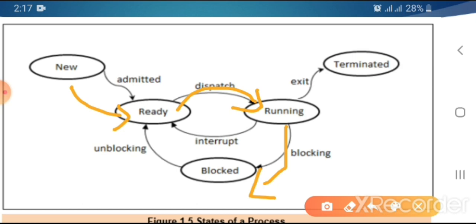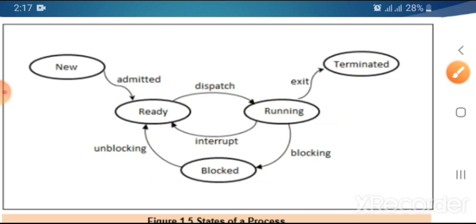The blocked state is also known as the waiting state. The process will remain in the blocked state until it is assigned the required resource, either a printer or some other device. After the blocked state, it will again go to the ready state. From this ready state, it will again go to the running state, and after completing its execution, it will go to the terminated state.